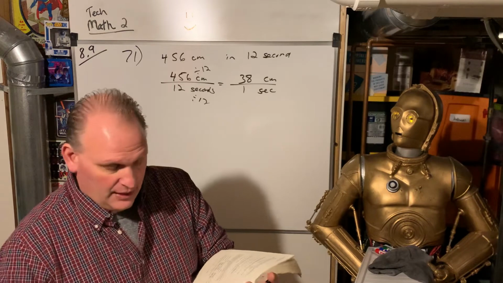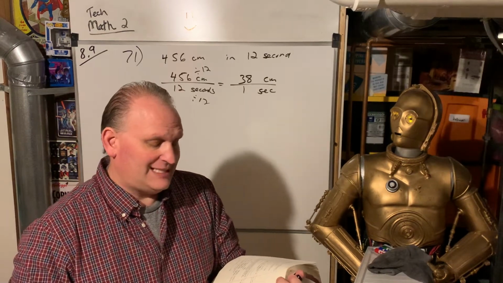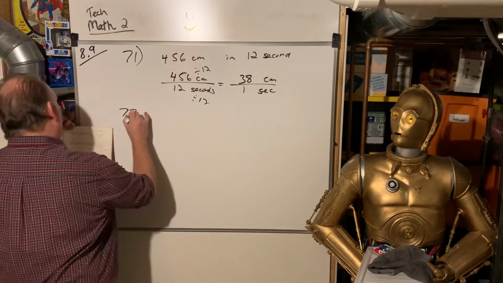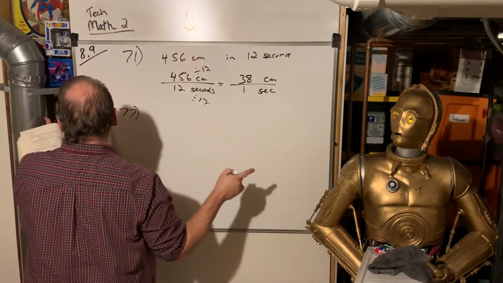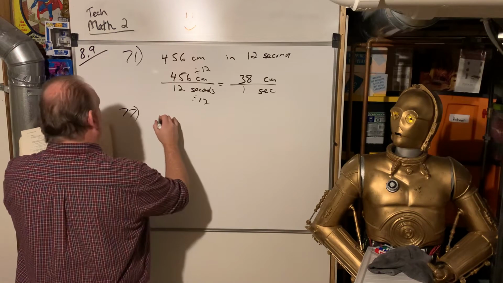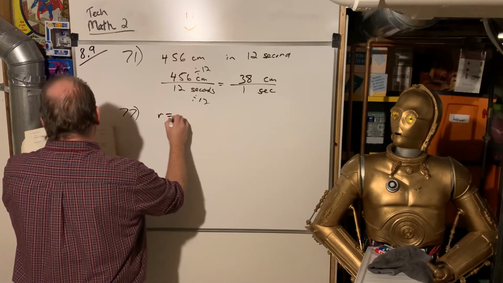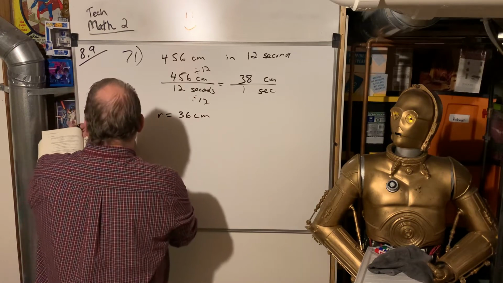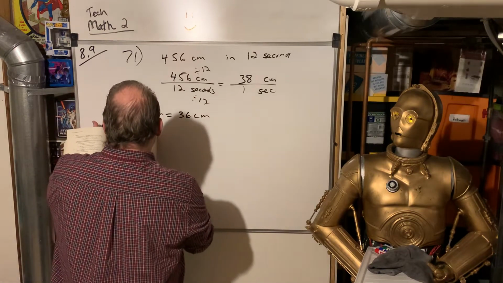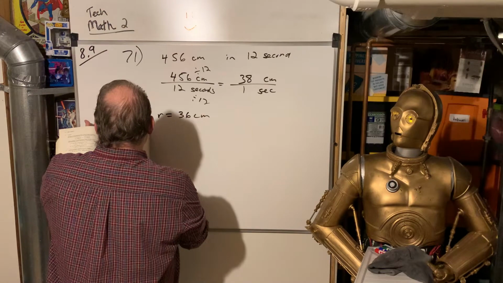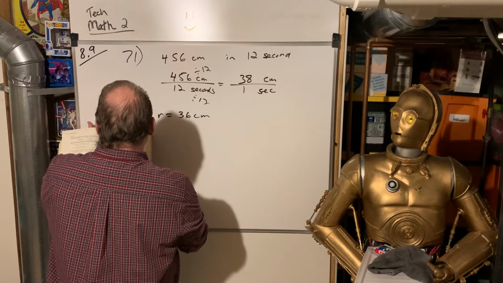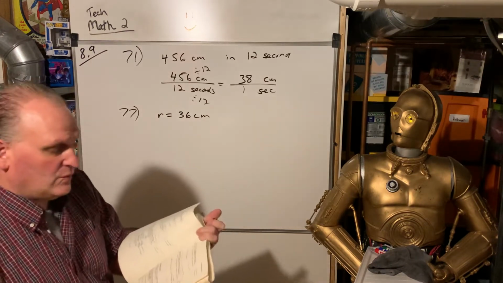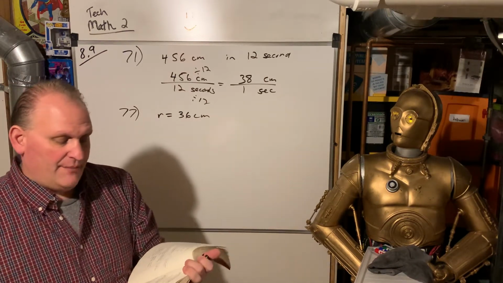Okay. And then 77. That's the one that I thought I was on here. 77 is they give you the radius. So they say a wheel with 36 centimeter radius has a rotational velocity of 225 revolutions per minute, RPM.